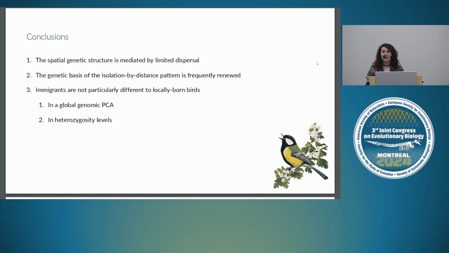And immigrants are not particularly different to resident birds, both in a global genomic PCA and in heterozygosity levels. But still, we see some parts of the genome that are highly divergent, and that could suggest some local adaptation, but we still need to look at what's behind those peaks.